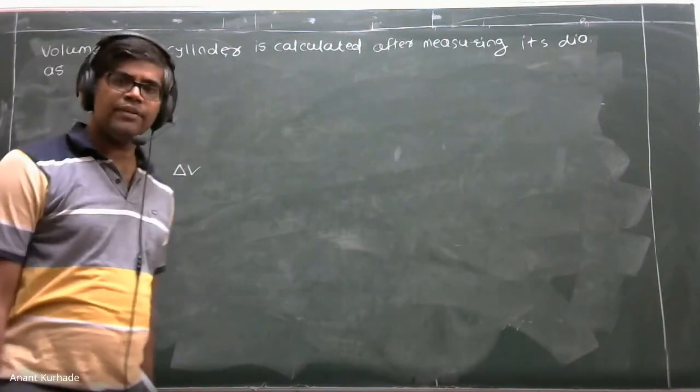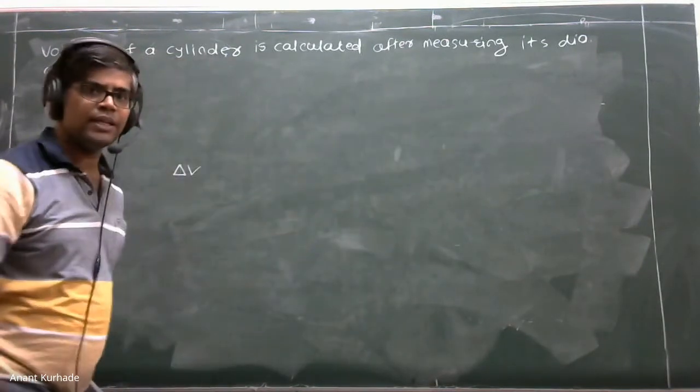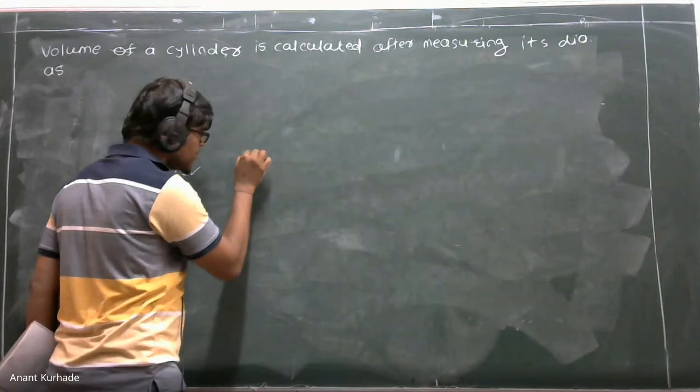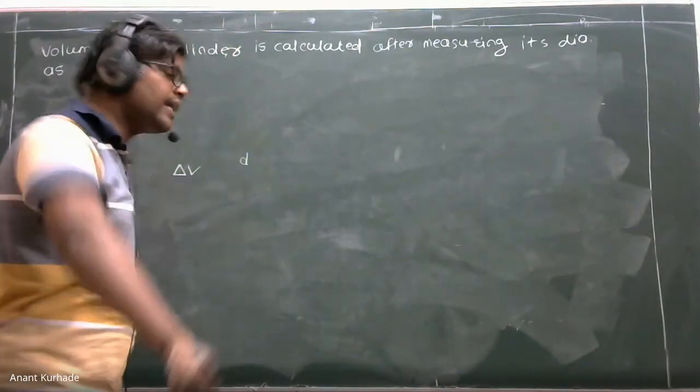So delta V. After measuring its diameter, we have the actual value of diameter and the error in diameter.